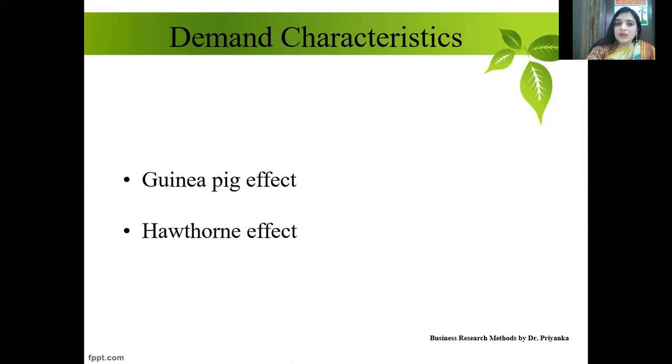What is the Guinea Pig effect? This attitude change of the subject is basically the Guinea Pig effect, which we say happens when the experimenter is directly or indirectly influencing the subject's behavior towards the experiment, because we feel like the person is behaving the way we want the person to respond.